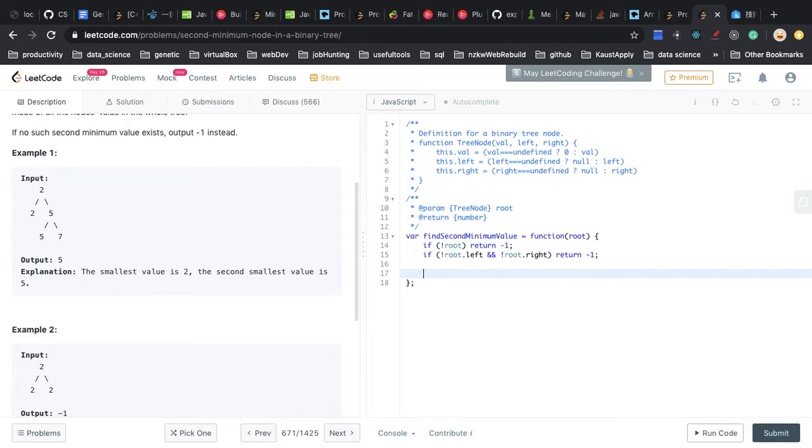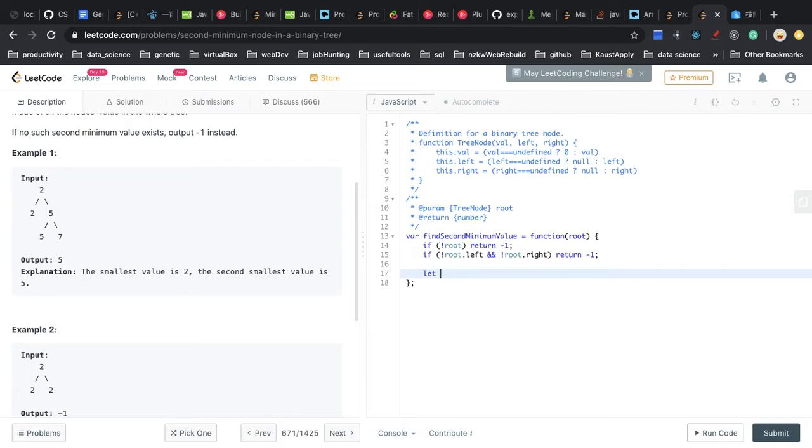Okay, so after we get those two conditions out of the way, we need to define two variables, the left value and the right value, to hold the current left value and the right value.